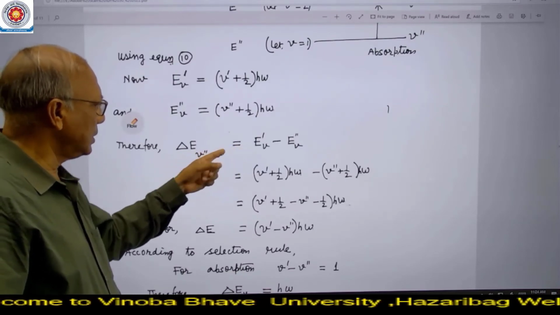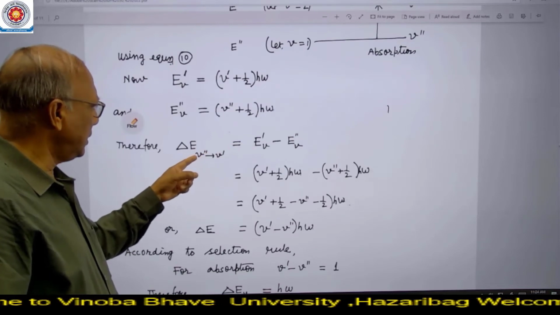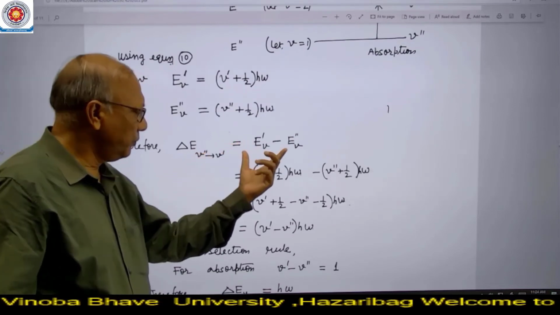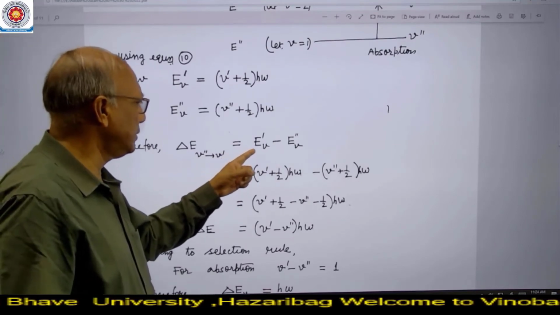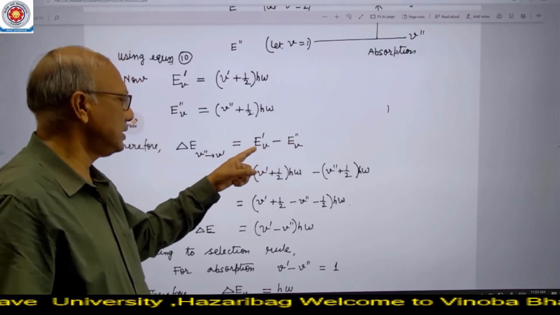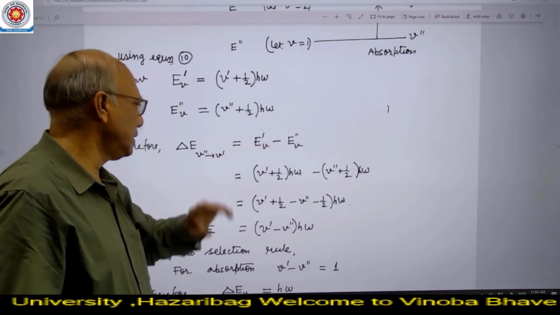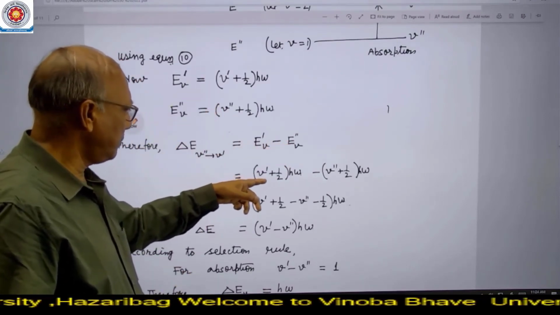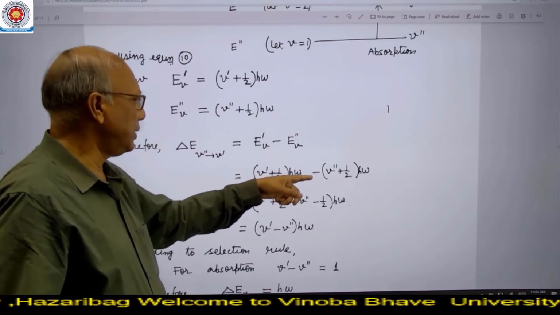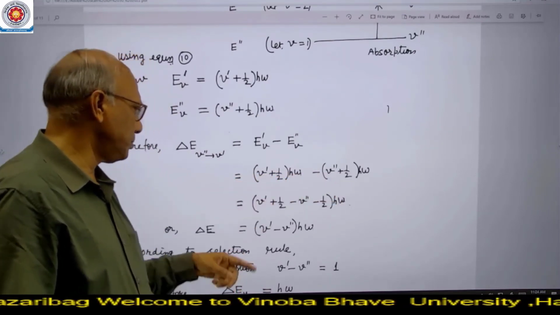We get the difference between the two energies. This energy is higher than this one, therefore this is written before and this is written after: V prime plus half h omega minus V double prime plus half h omega.